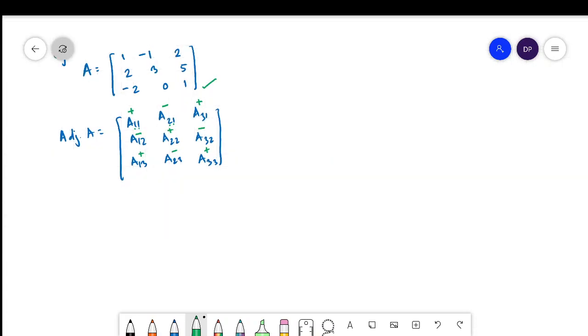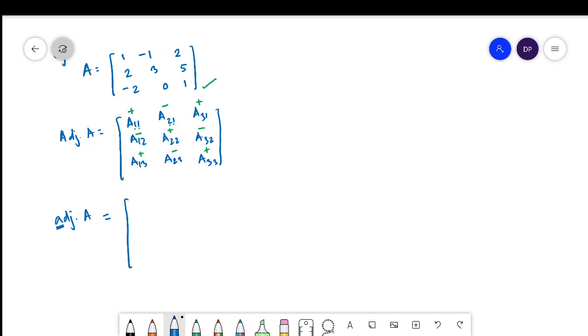In order to find the adjoint of this matrix, adjoint of A is equal to, here I'm taking a small letter, I think taking a small letter is more convenient to represent the adjoint.